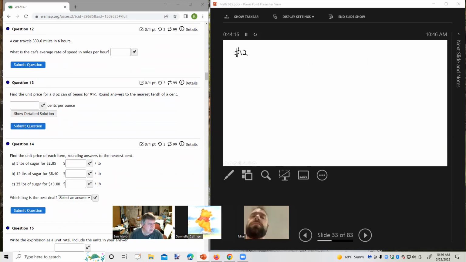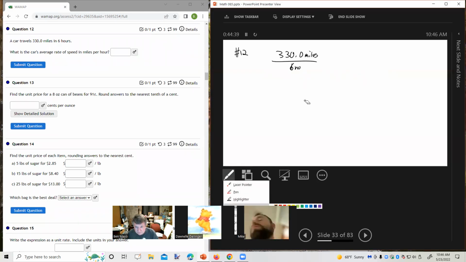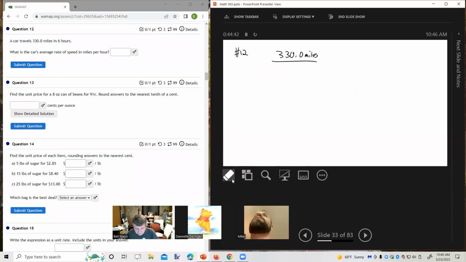Number 12, a car travels 330.0 miles in 6 hours. What is the car's average rate of speed in miles per hour? So 330.0 miles per 6 hours equals how many miles per hour?